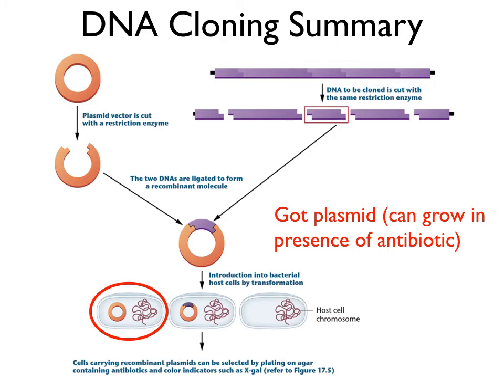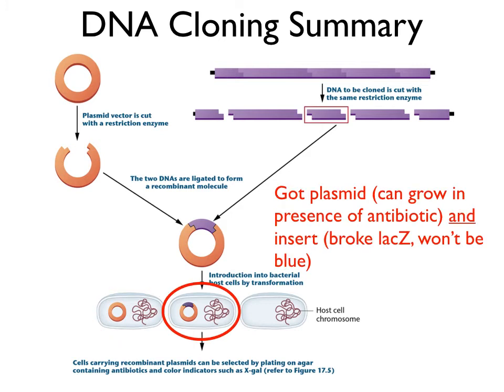So if we put ampicillin on our bacterial plate, this bacterium will grow. But what color is it going to be? This bacterium does not have a chunk of DNA stuck in the middle of the LacZ gene. It is still able to metabolize X-gal, and it turns blue. So this is one of the blue colonies.